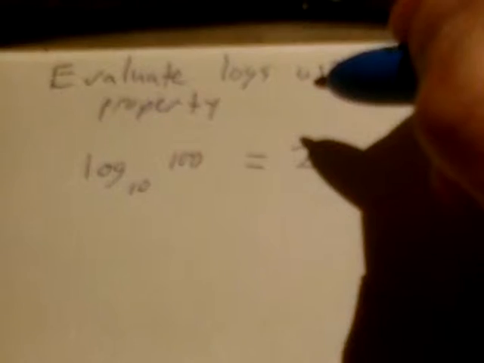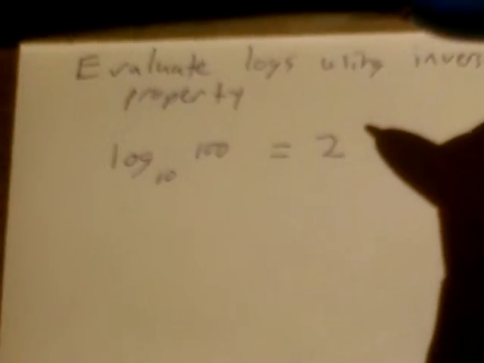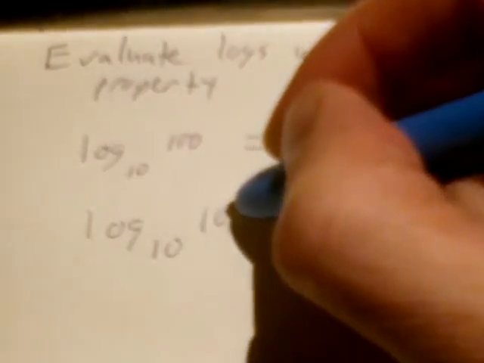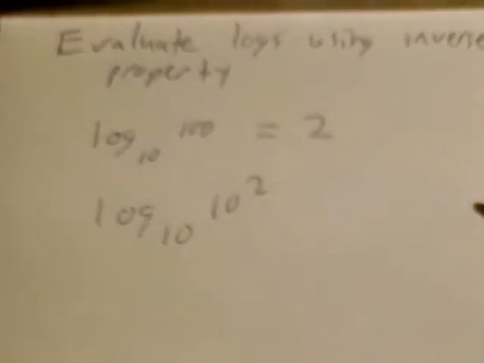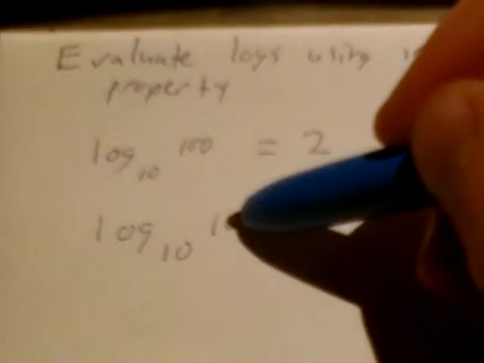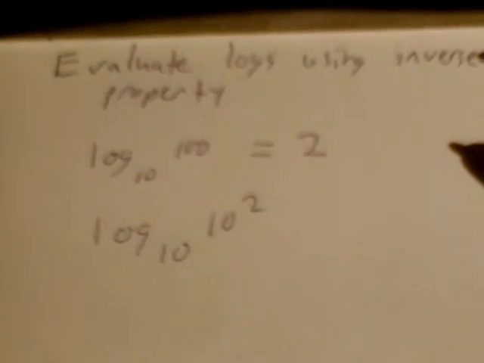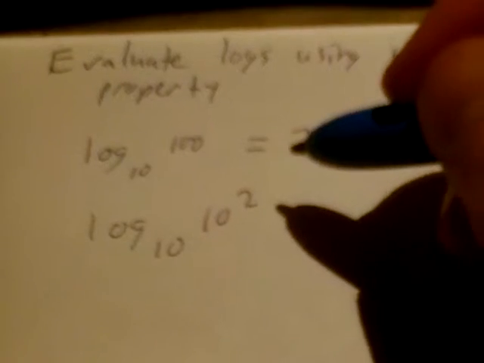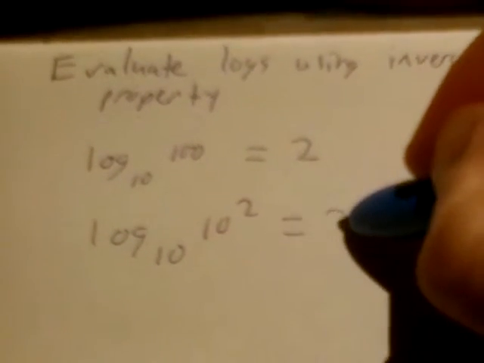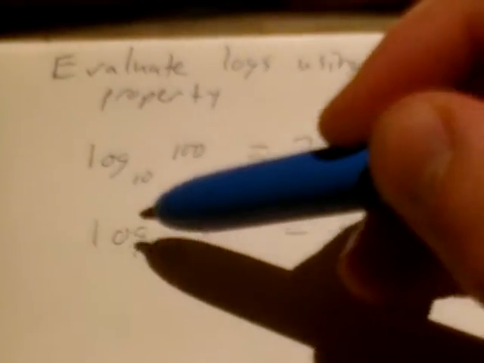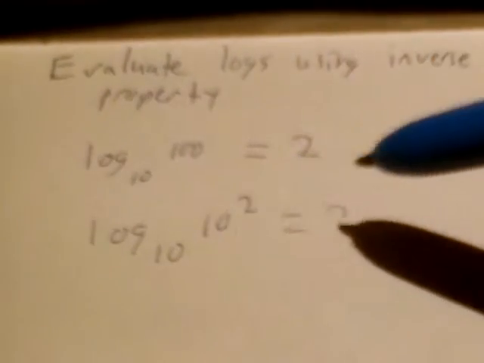There's another way for us to write log base 10 of 100, and we could write it as log base 10 of 10 to the second, because 100 and 10 to the second are the same thing. And you'll notice that the answer to this, of course, will also be 2.